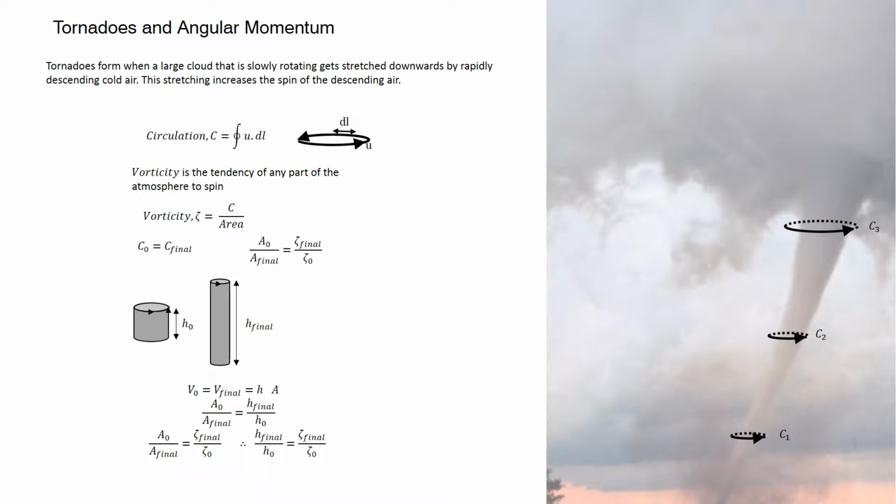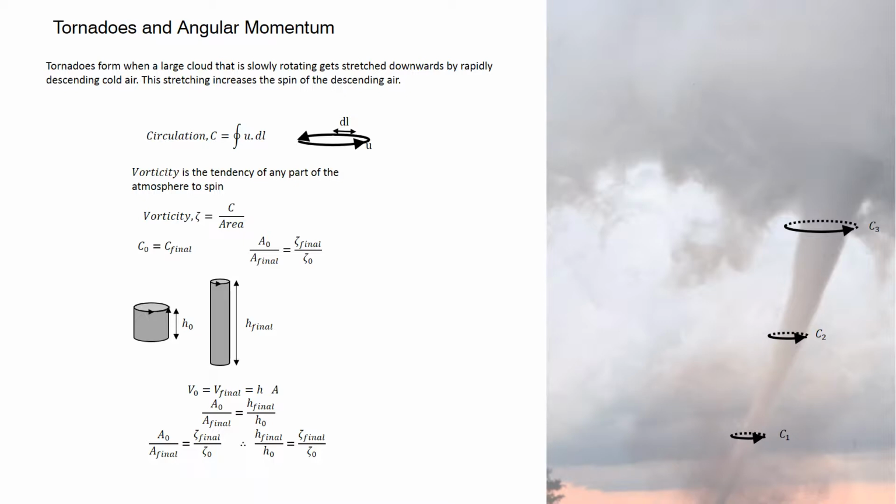And then the vorticity, which is the amount of circulation per unit area. So if something is very big and circulating very slowly, that's got maybe the same vorticity as something that's very small and rotating very quickly. And what we see when we do this kind of experiment is that when we start it going, the water gets drawn downwards through the hole, which means it gets stretched.